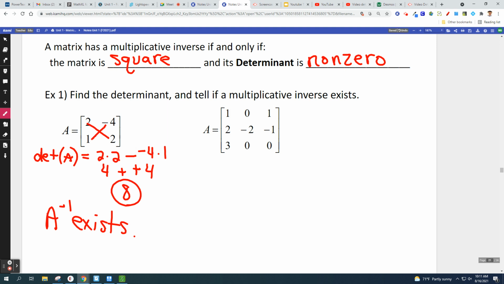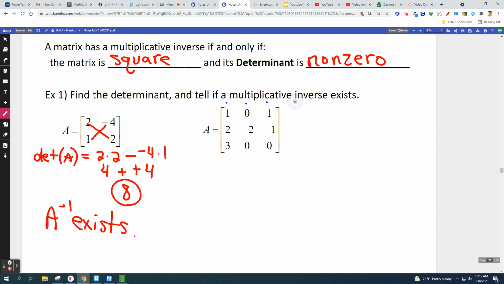Now, the second example is a lot more complicated because there's more than just one diagonal. If you just do an X like I just did, you're going to miss some numbers. You got to get all of the numbers. And so we kind of do a little trick here. I've got 1, 2, 3 columns. I'm going to rewrite columns 1 and 2.